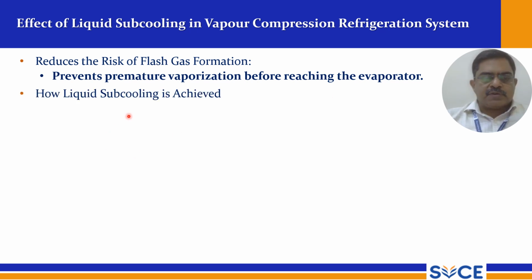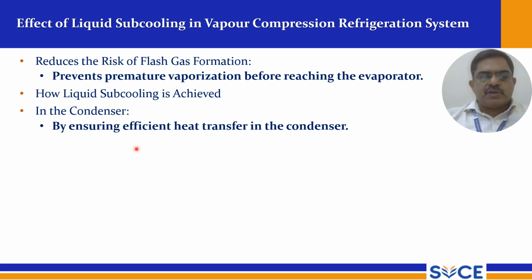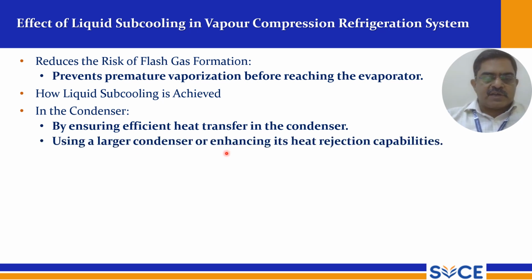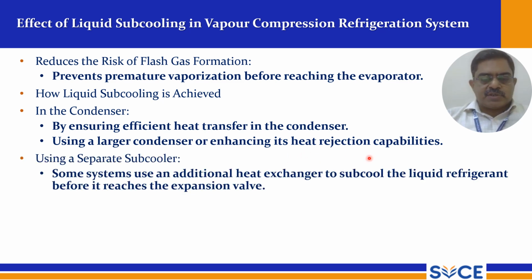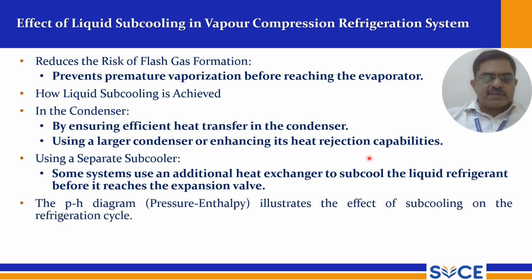And liquid subcooling is achieved in the condenser by ensuring efficient heat transfer, using a large condenser or enhancing its heat rejection capabilities, or by using a separate subcooler. Some systems use an additional heat exchanger to subcool the liquid refrigerant before it reaches the expansion valve or throttling valve. So the pH diagram illustrates the effect of subcooling on the refrigeration cycle.